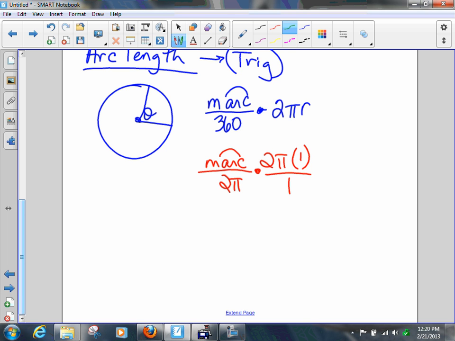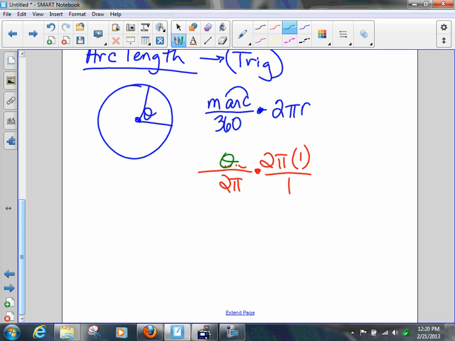So I'm replacing the measure of the arc with theta. I replace 360 degrees with 2 pi. I substitute 1 in for my radius. Am I in trig mode now? Yeah, I'm in trig mode now.